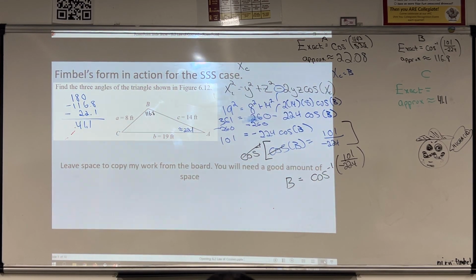Brandon, do you have an exact answer? All right. Usually error means you forgot a negative sign or you added one unnecessarily. That's usually what happens. Is your cosine 229 over 144?